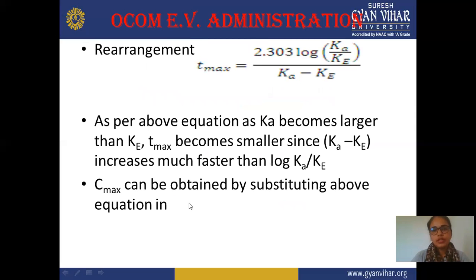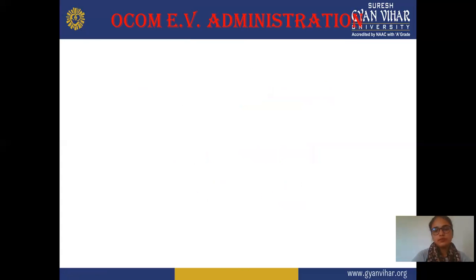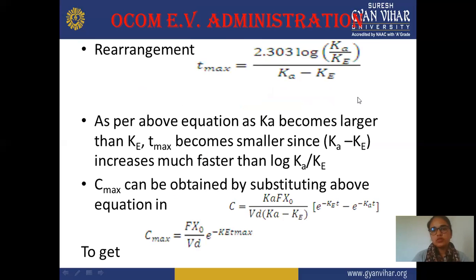Now rearrangement takes place, and when we rearrange this, it gives Tmax is equal to 2.303 log Ka divided by Ke, divided by Ka minus Ke, meaning absorption rate constant minus elimination rate constant. We are just rearranging the log equation, that's why we take 2.303 log Ka divided by Ke.